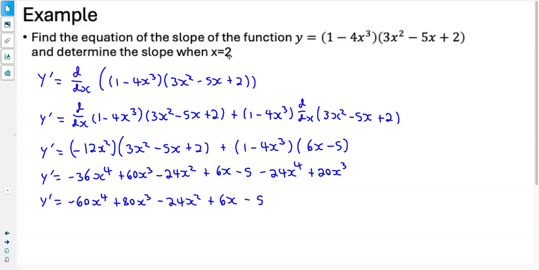Now, if we want to determine the slope when x is 2, we'll just say y prime of 2, which means we're going to substitute 2 in for each of these x values. That gives us negative 60 times 2 to the power of 4 plus 80 times 2 cubed minus 24 times 2 squared plus 6 times 2 minus 5.